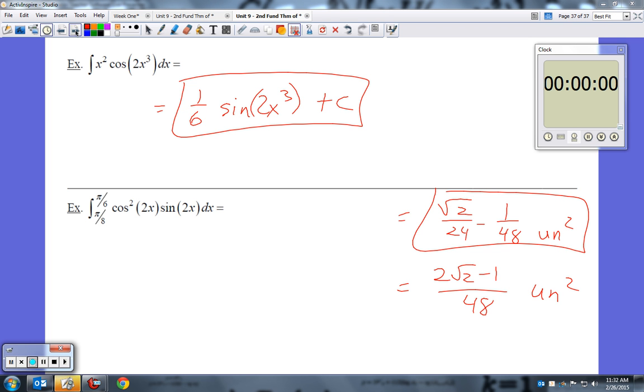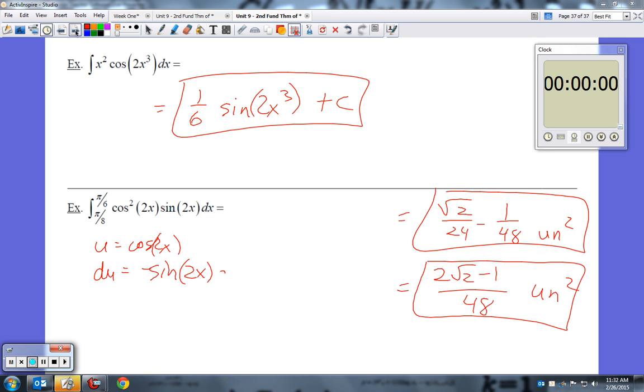And this is a lot of work. I do have a little bit of time, so I'll at least set it up. u is cosine of 2x. du is negative sine of 2x times 2 dx. There is a lot to keep up with. So du is negative 2 sine of 2x dx. Rewrite, and I'll let you figure it out from here.